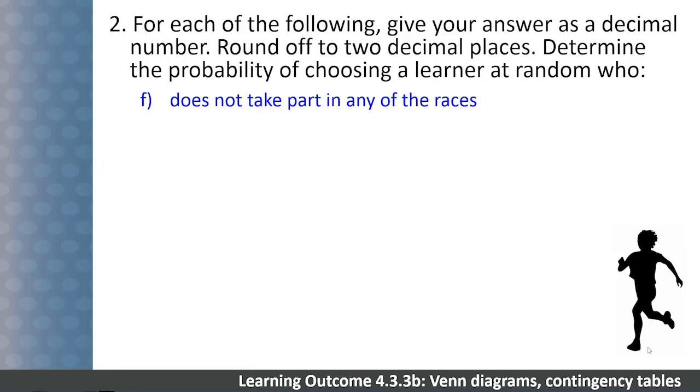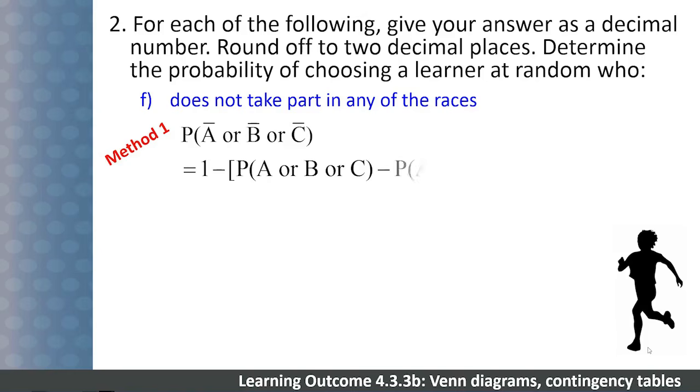F. What is the probability of choosing a learner who does not participate in any of the races? There are 2 ways to answer this. In the first method, we calculate the probability that a learner is not in set A, B, or C by applying the formula for complementary events, bearing in mind that A and B are not mutually exclusive.